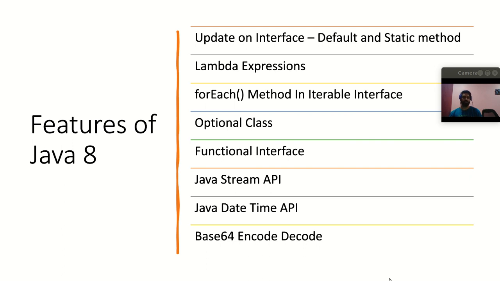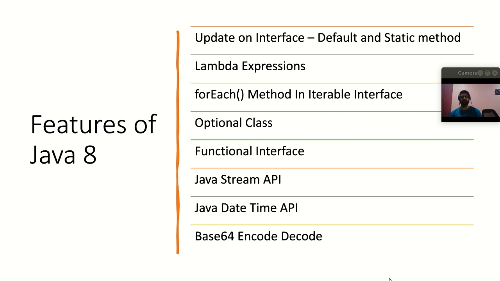Earlier, before Java 8, let's say you have one interface I1 and you have 100 classes. In all 100 classes, your interface has been implemented, right? Now if I am using Java 7 and want to introduce a new method inside the interface, then in every class you have to override that method, right?